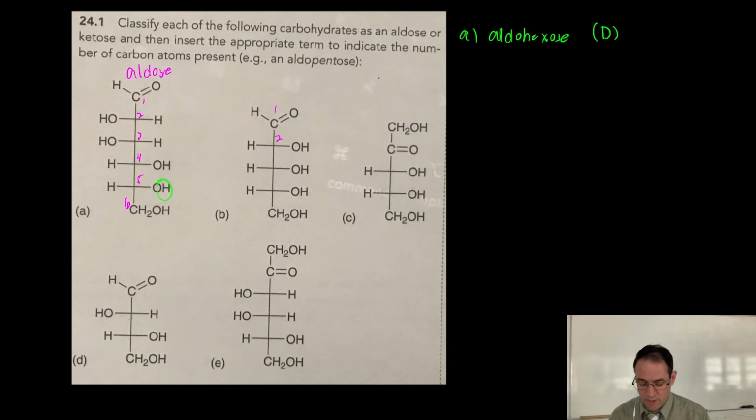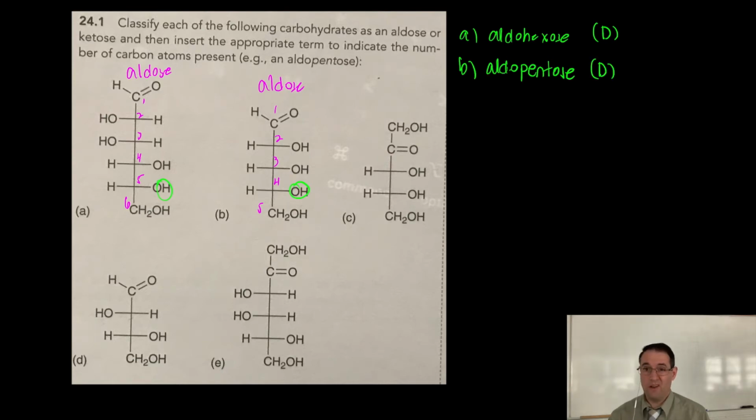Next up in part B, we have 1, 2, 3, 4, 5 carbons, and it's also an aldose, right? It's an aldehyde. So this is an aldopentose. Pent means 5 carbons. And that hydroxyl group is orientated to the right, so that's also a D sugar.